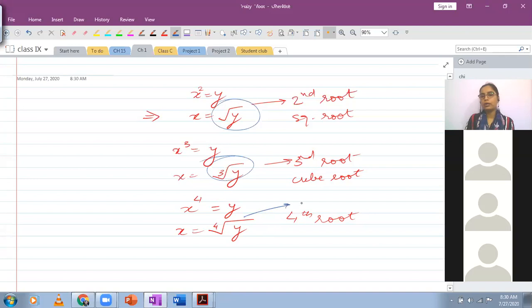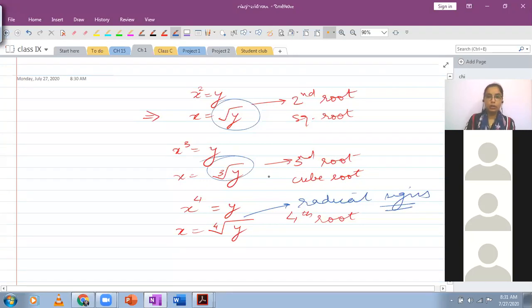These are called radical signs, and radical signs tell you that you may be dealing with a surd. It's possible that you may be dealing with a surd in your question. If your answer gets simplified and you obtain a whole number, that would mean it is not a surd. But if any part of the number stays under the root sign, then your number will be a surd. I hope I'm making myself clear.